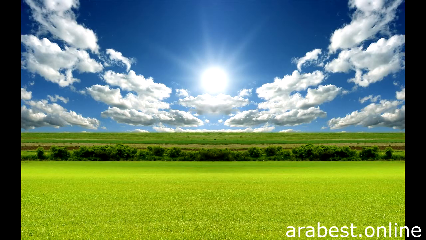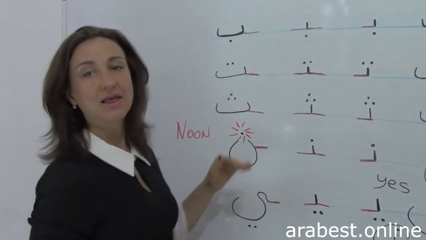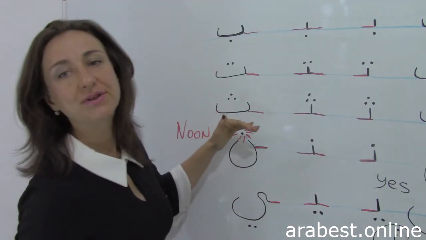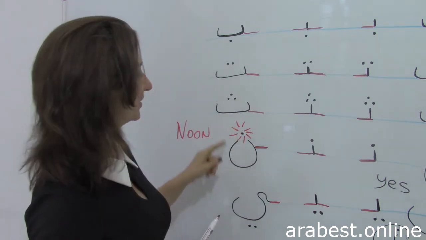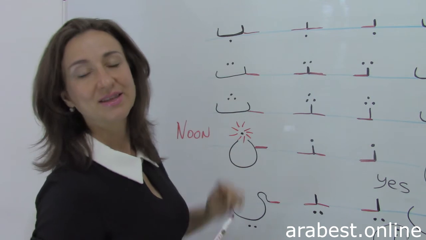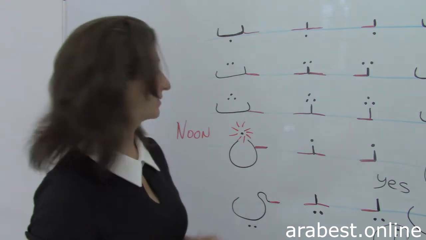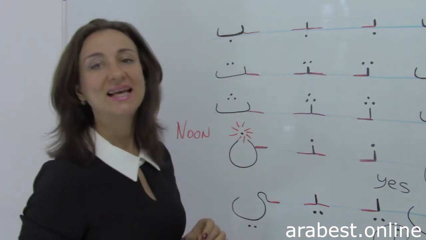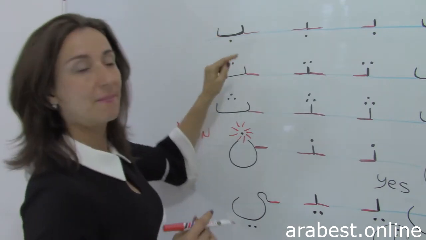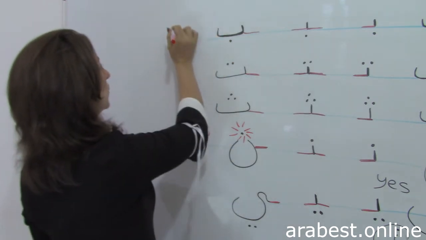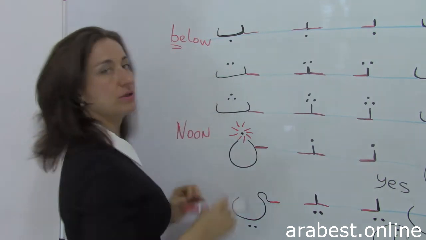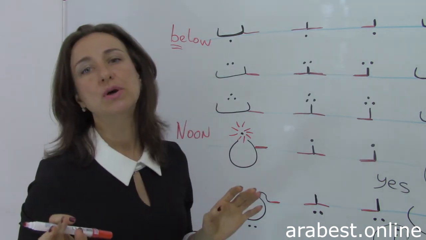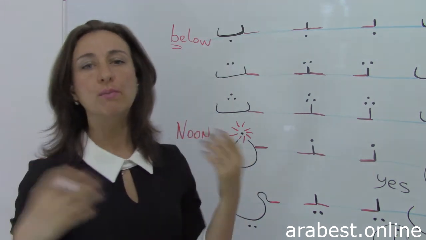So, here is the sun. The sun is above the line, up the line. Letter noon, the sun is up. So easy. Letter ba, the dot below the line. You just should put it in your mind. Ba below, ba below.